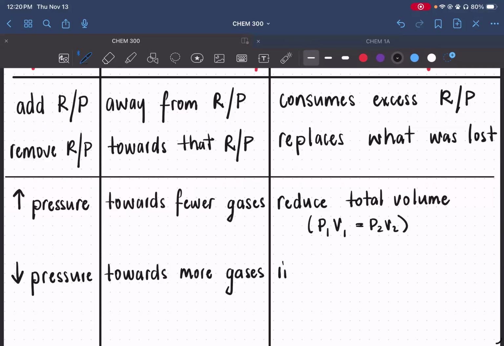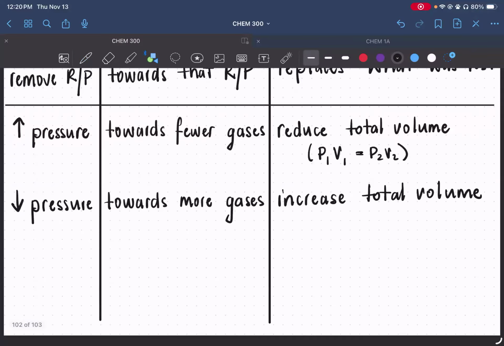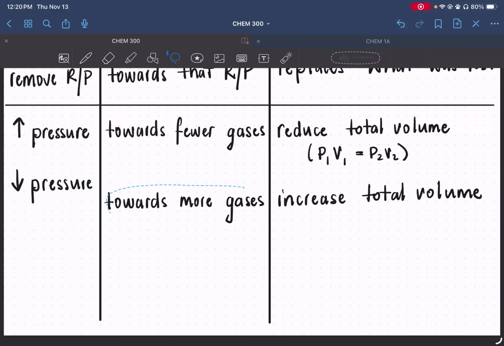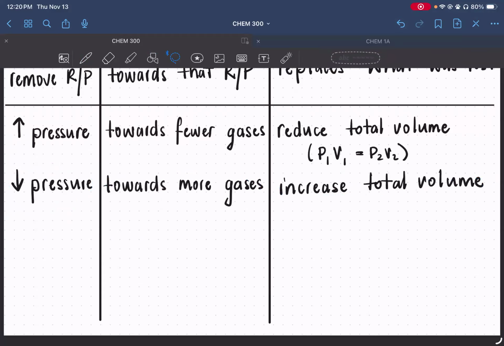We want to increase the total volume. That's pressure.